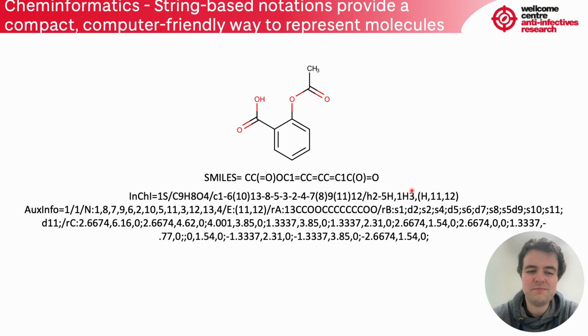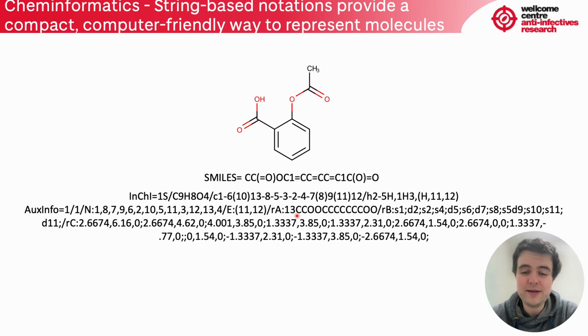And one of the things about InChI is that every molecule should resolve to a unique InChI. You can also, alongside InChI, store the auxiliary information. So this then encompasses a significantly larger amount of information. I'm not going to go through this in detail here.